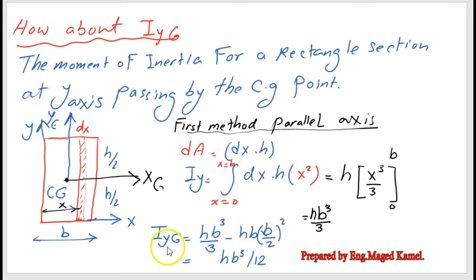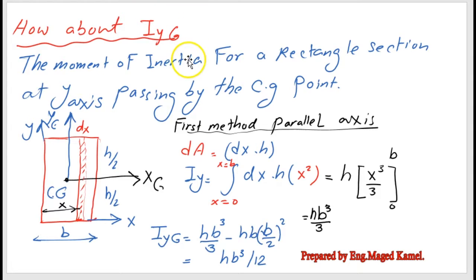So our Iyg equal to hb cubed over 3, this is the value, minus the area, which is h by b, multiplied by b over 2 all squared. At the end we have hb cubed over 12.